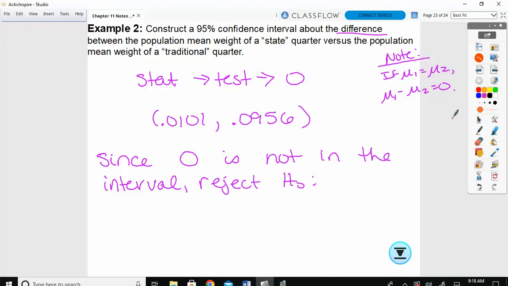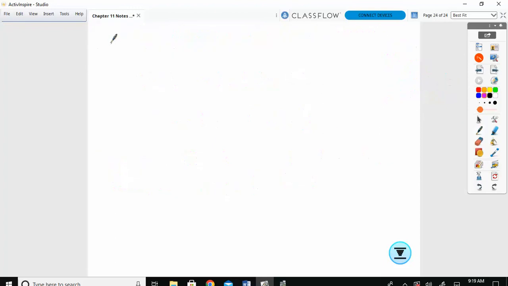I would like to show you how to do this one by hand as well. I think I put a blank slide after it, so you should have room. By hand, it will be slightly different, so just keep that in mind. We need, for our formula, t alpha over 2. So alpha was 0.05 because we were doing a 95% confidence interval.